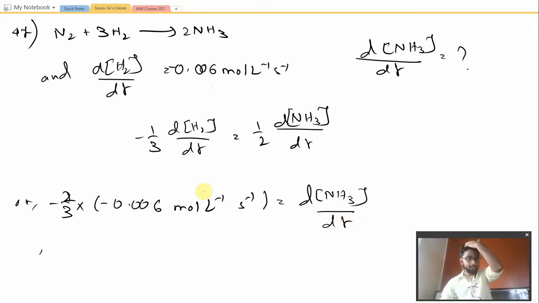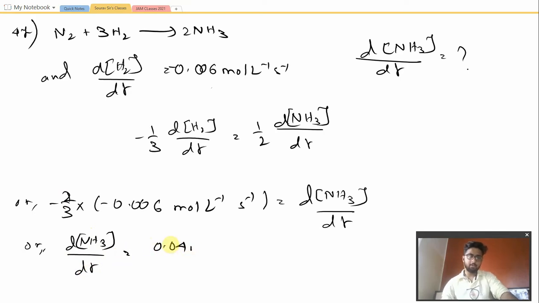If we calculate this value, we will get the exact answer: 2 into 0.006 divided by 3, and the minus minus cancels out. So dNH3 by dt would be equal to 0.004 mole liter inverse second inverse.